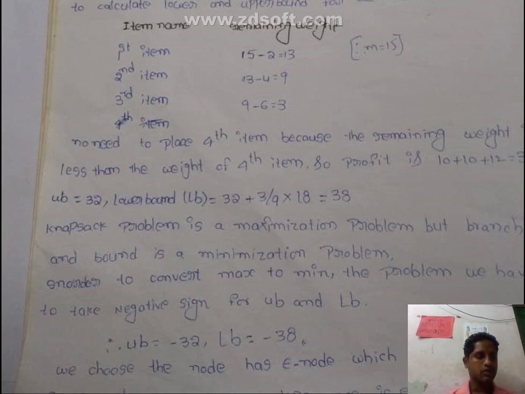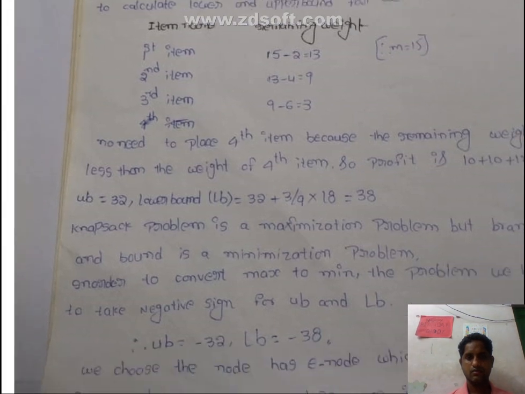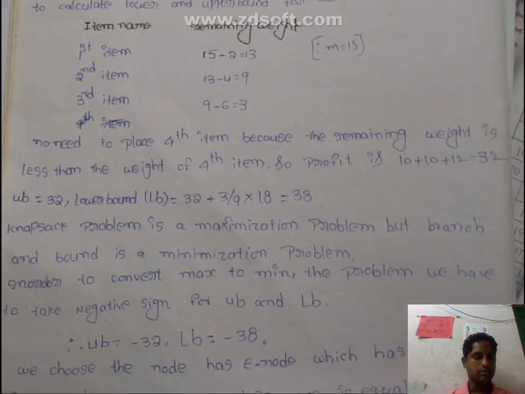Now we choose as E node the node which has the minimum difference of the upper bound and lower bound.